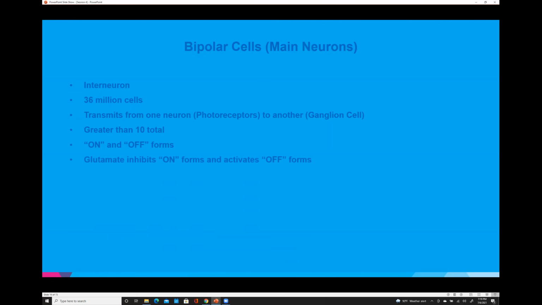So a bipolar on cell and a bipolar off cell have different responses to what the photoreceptor is doing. A bipolar on cell is inhibited by glutamate, but a bipolar off cell is activated by glutamate. Why? It kind of makes sense. When it is dark, you get glutamate secretion.